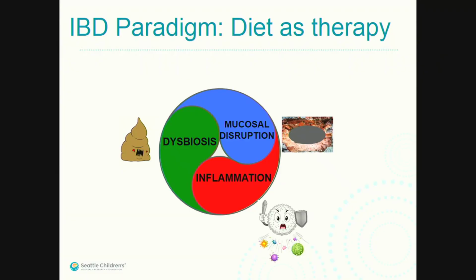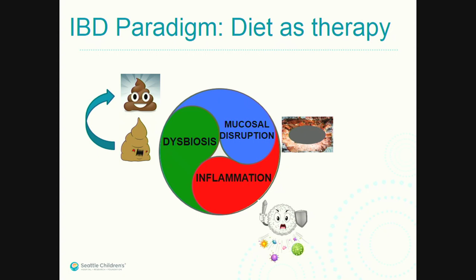So how does diet work? What do we think diet is doing to our IBD paradigm? Well, it's doing a number of things. It's taking the dysbiotic bacteria and hopefully changing it to eubiotic bacteria or happier bacteria. And I promise you, I will show you the data.